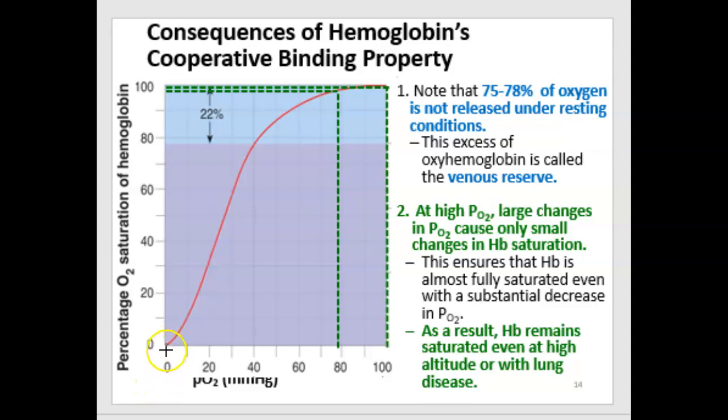At low PO2s, if you have that much of a change, you're going to get a big difference in saturation, like a 40% difference. But when you're up at high PO2s, you get a very small change in saturation, which is perfect because where you want oxygen to be released is down here when the blood is exposed to low PO2s. It's very cool.